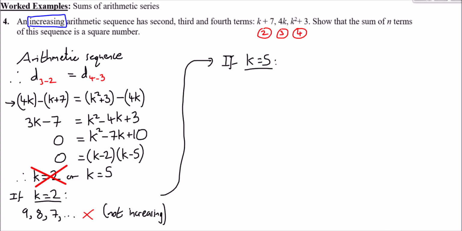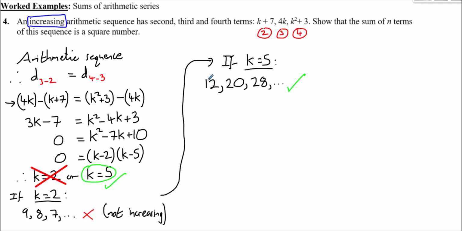But if k equals 5, then k plus 7 is going to be 5 plus 7, which is 12. If k is 5, 4 times 5 is 20. And 5 squared plus 3, 25 plus 3 gives 28. That does work, so therefore our k needs to be 5. Now that's the second term. The second term is 12.